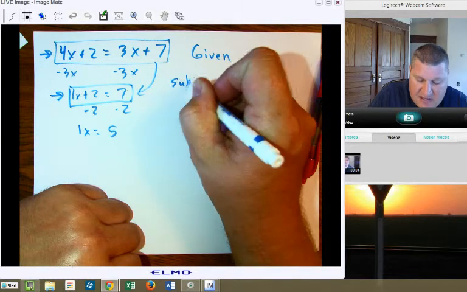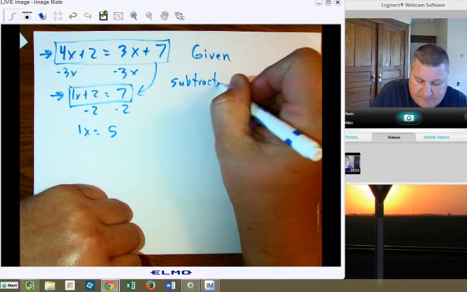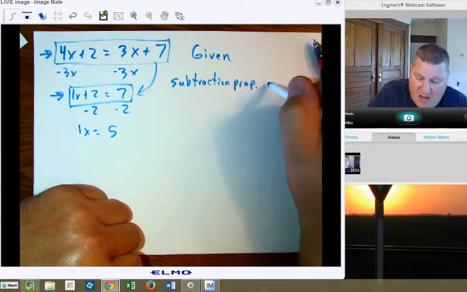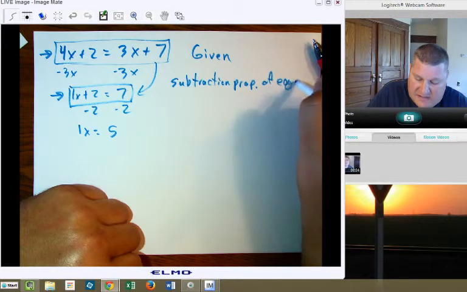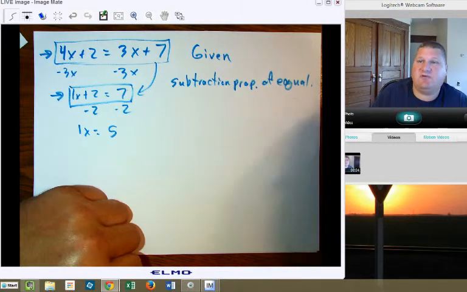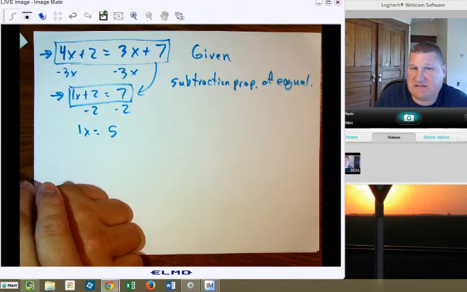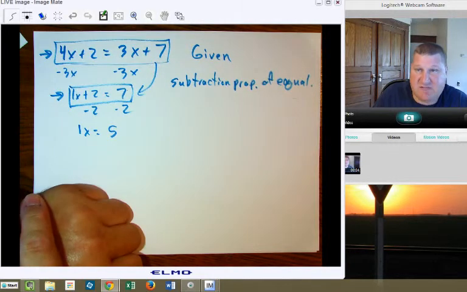This is the subtraction property of equality. Because the only reason I'm able to subtract 3x from both sides is because indeed I have an equal sign in the middle. So it's the subtraction property of equality.